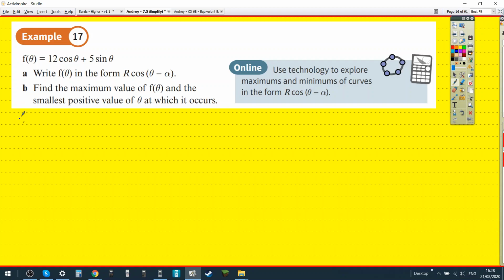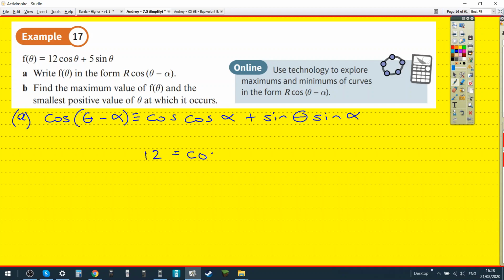So work out the formula for cos theta minus alpha, and I think that was cos theta cos alpha plus sine theta sine alpha. Yeah. And then make 12 equal to cos alpha, and 5 equal to sine alpha.